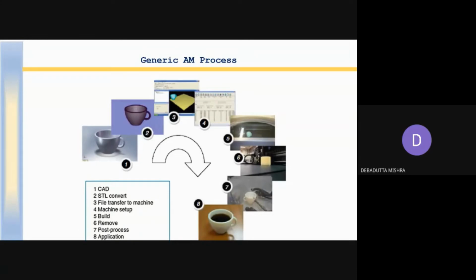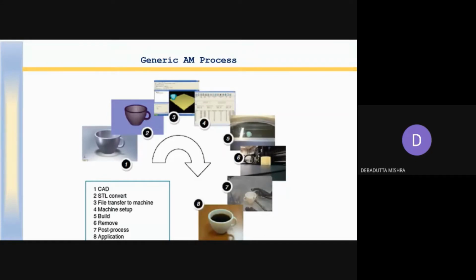First, you have to build up the 3D CAD model. From the CAD model, you convert it to the STL file, the STL AMF file, all those things. STL is a general file format accepted by most or all of the machines.